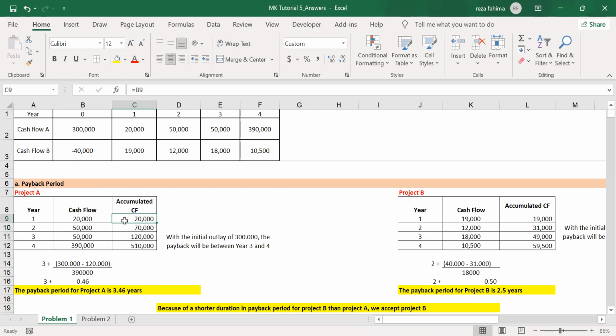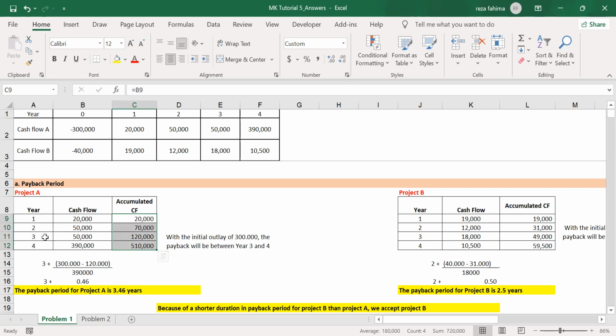For the first year, the accumulated cash flow is still 20,000, but for the second year, you add this 20,000 with the second year's cash flow, which is 50,000, and it becomes 70,000, and so on until the fourth period.